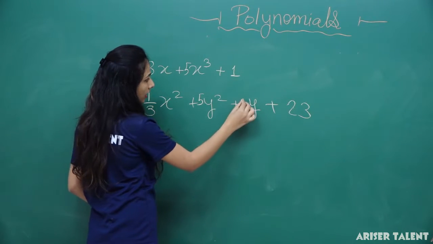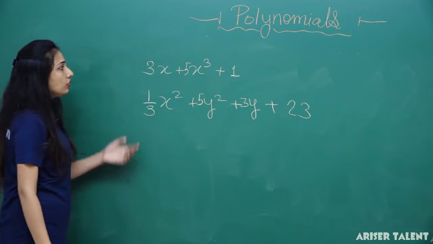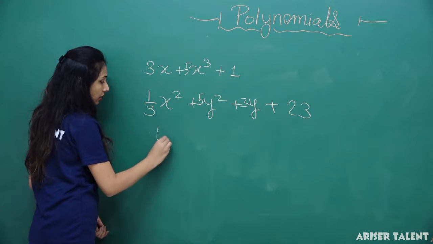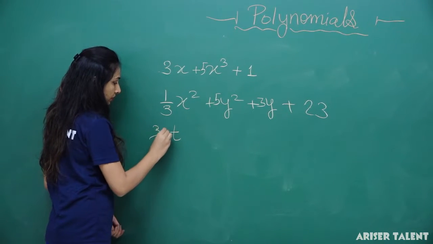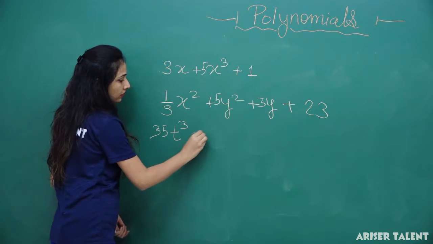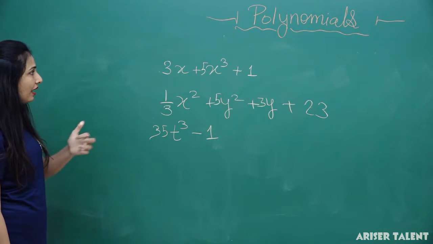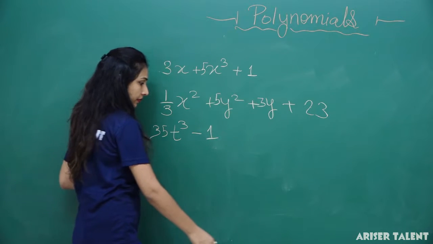So this is 1, this is 2, and the third can be like these are 3 examples.